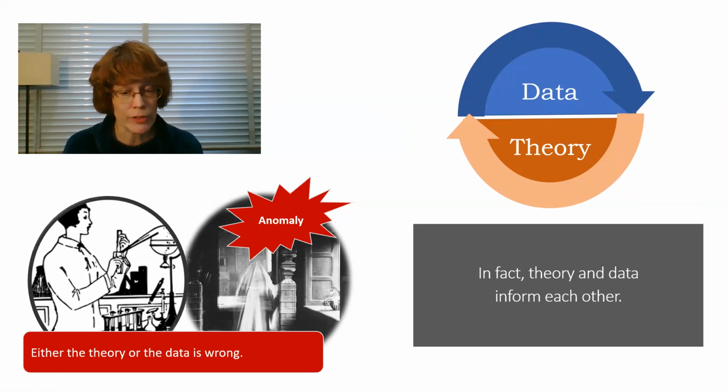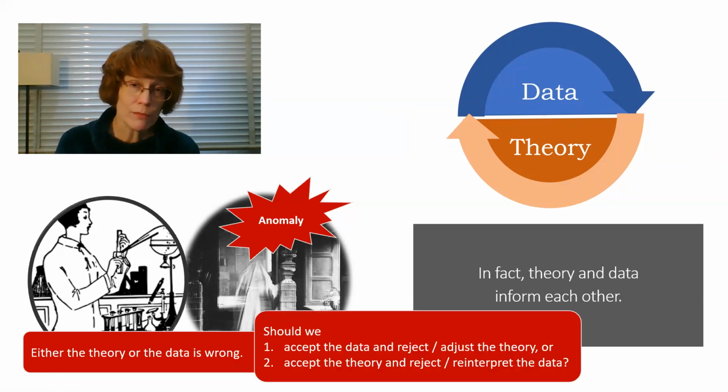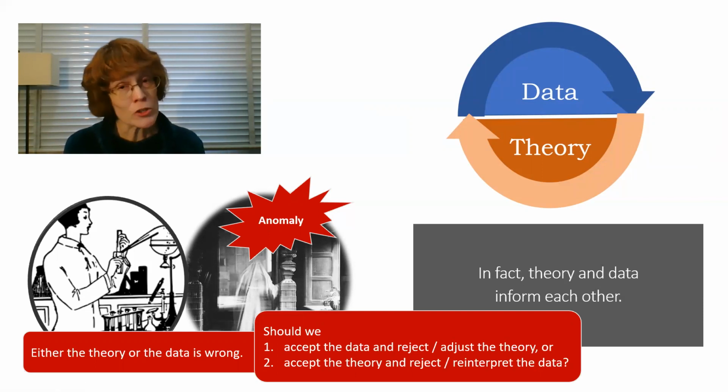Something has to give. So should we accept the data and reject or adjust the theory? Or should we accept the theory, retain that model of the world, and reject or reinterpret the data? Theory or data? If the data is anomalous, which goes?